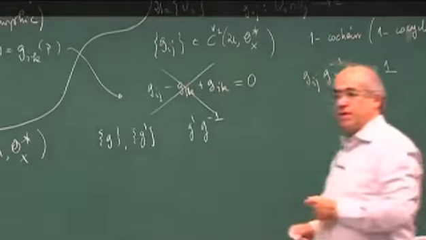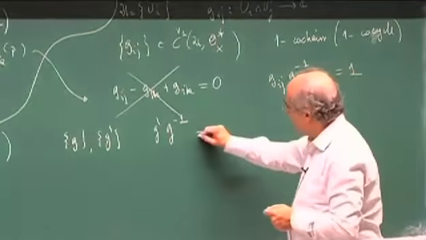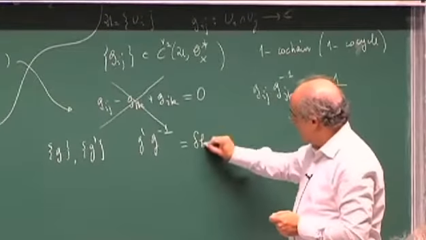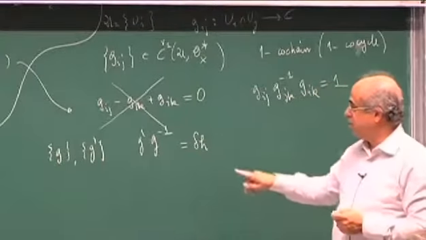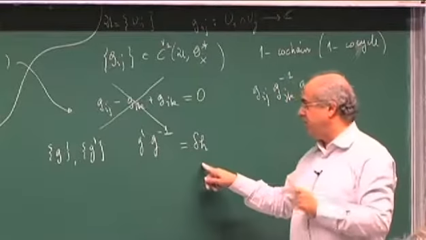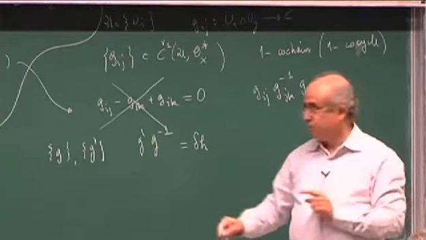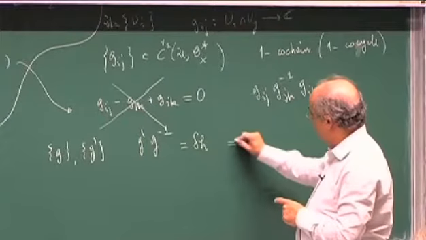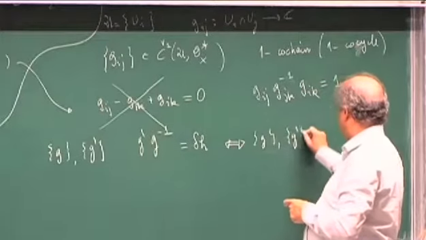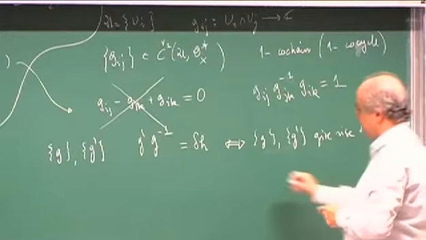So instead of the difference, I should write this. It may happen that this is delta of something. And then we may prove that this happens if and only if the two corresponding line bundles are isomorphic. So this happens if and only if the two cocycles give rise to isomorphic line bundles.